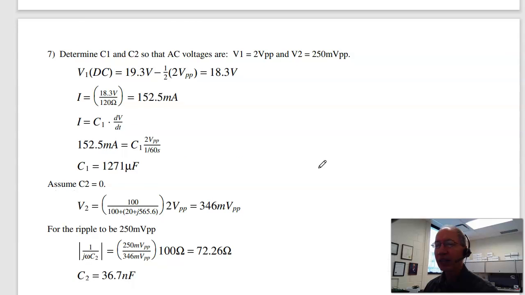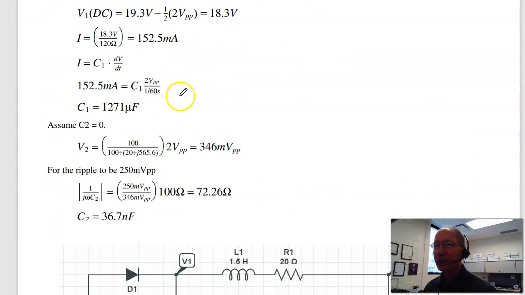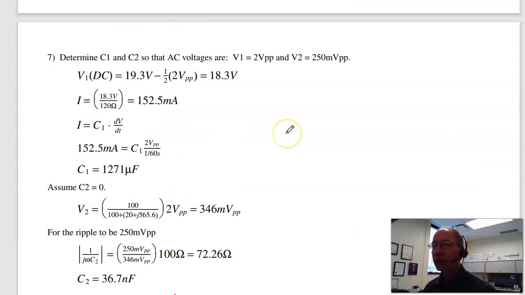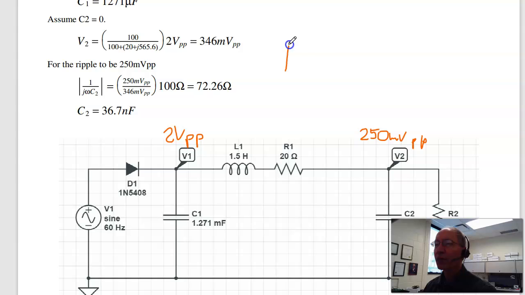Problem 7 is analysis. Find C1 and C2 so that this is 2 volts peak to peak, and V2 is 250 millivolts peak to peak. Now I know what V1 looks like. V1 is going to look like this.